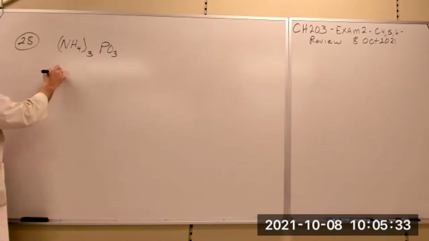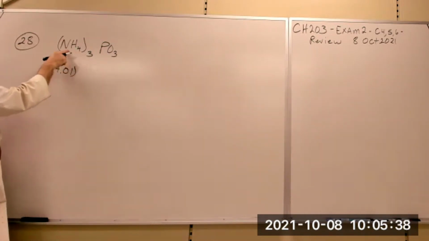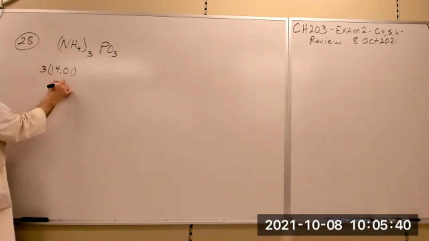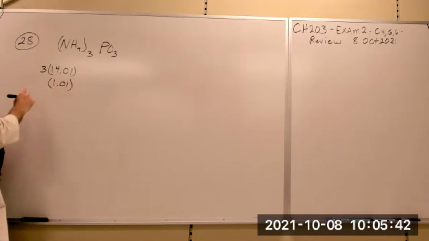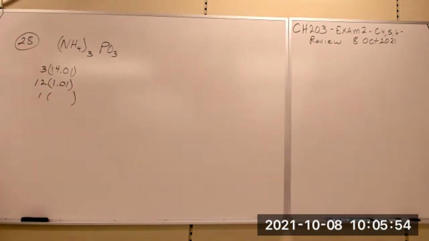Nitrogen is 14.01. Multiply that times 3, right? Because you got 3 of them. Hydrogen is 1.01. But how many do you have of hydrogen? And then we have 1 phosphorus. Let's see, I have to look that one up. 30.97.